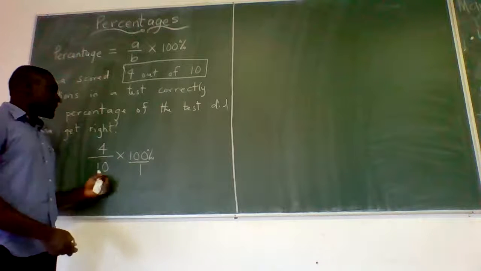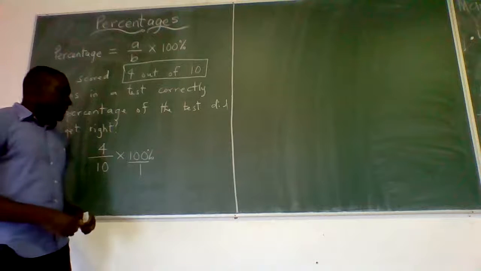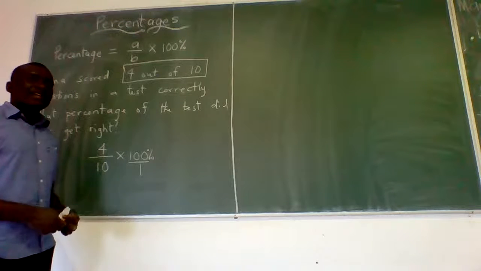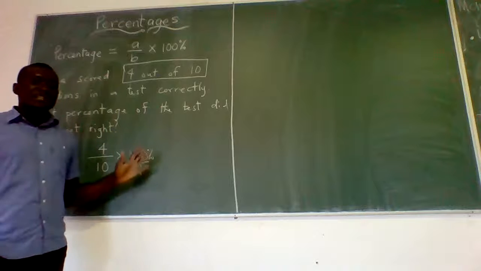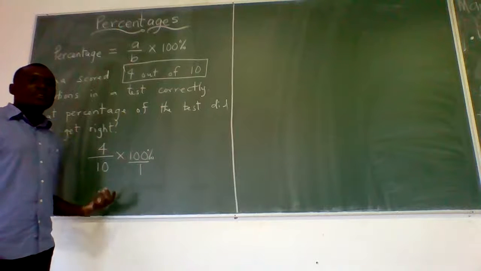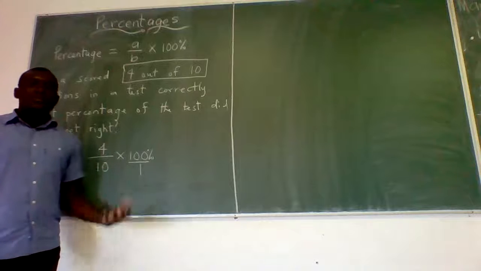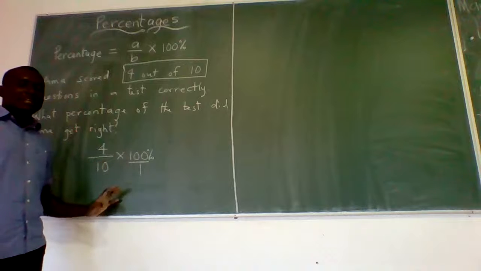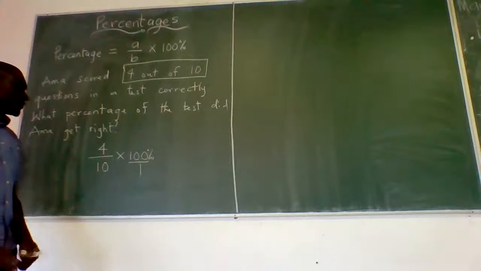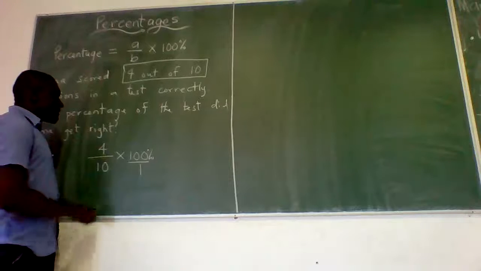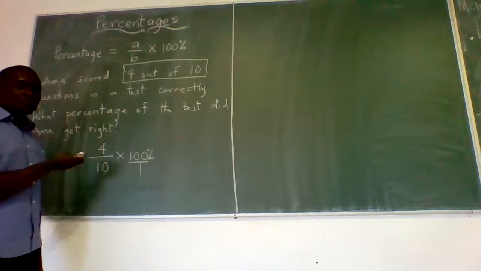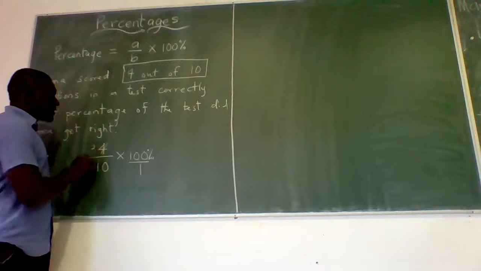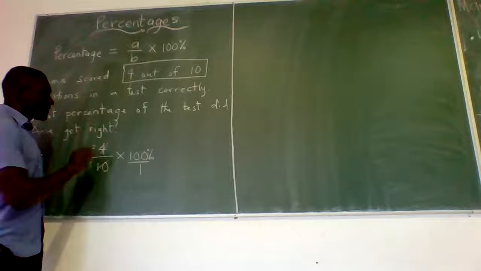From what we studied under multiplication of fractions, we first check if the numerators can cancel the denominators or reduce them in any way, and then we multiply the top by the top, and the bottom by the bottom. Here we can clearly use 2 to divide these. 2 divides 4 two times, and 2 divides 10 five times.